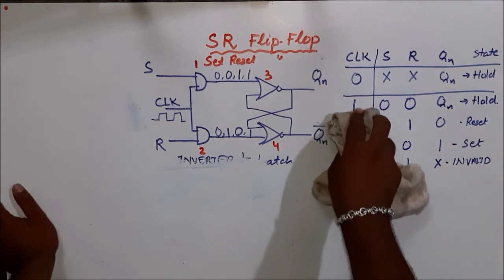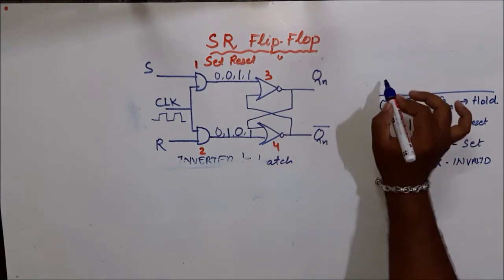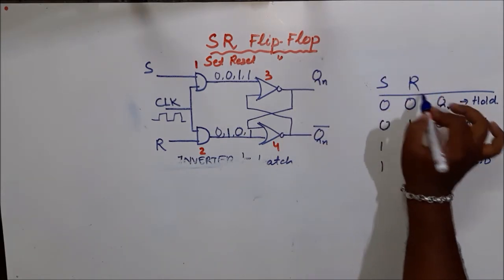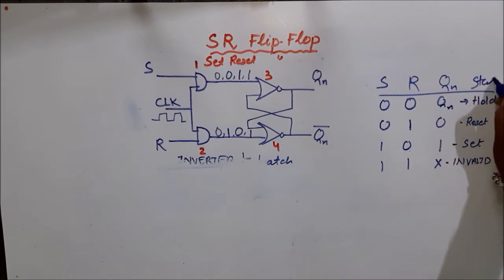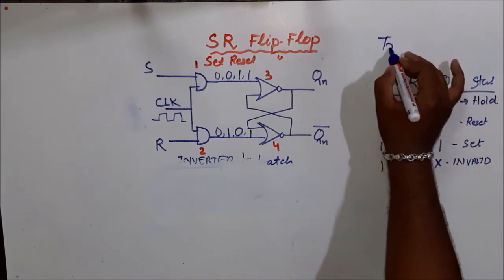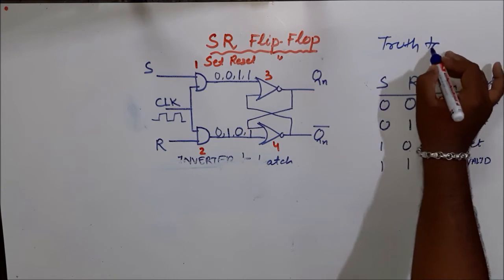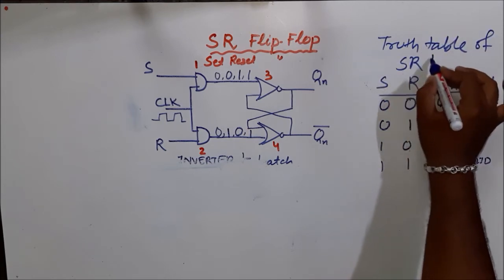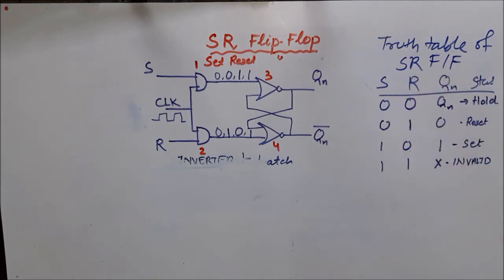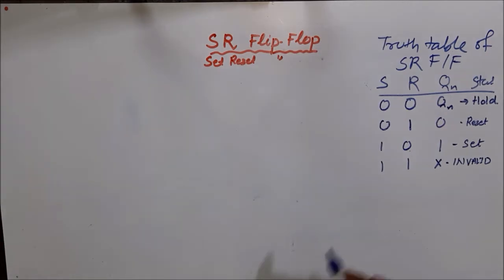So the table now reduced like this. This is my S, this is my R, this is my Q or Qn, this is state. This is called truth table of SR flip-flop. Clear?